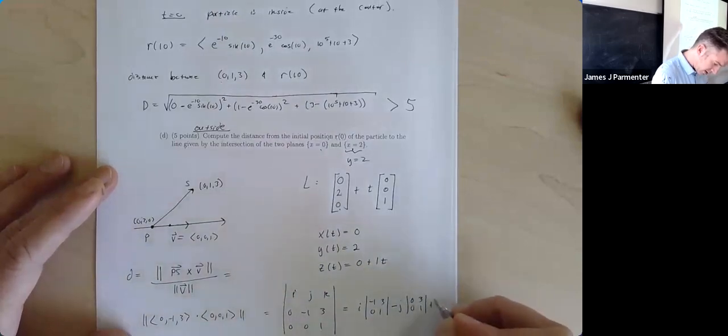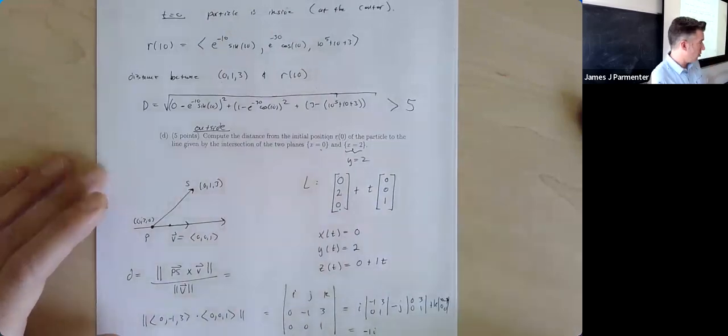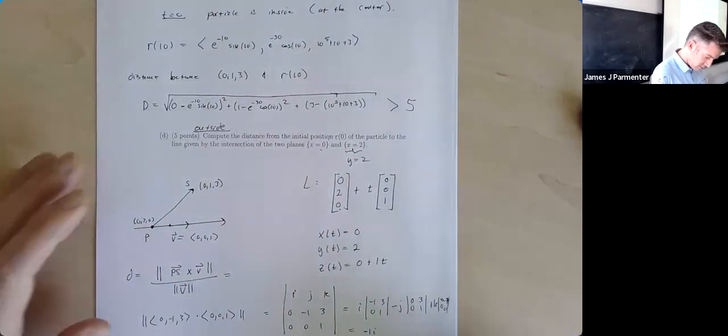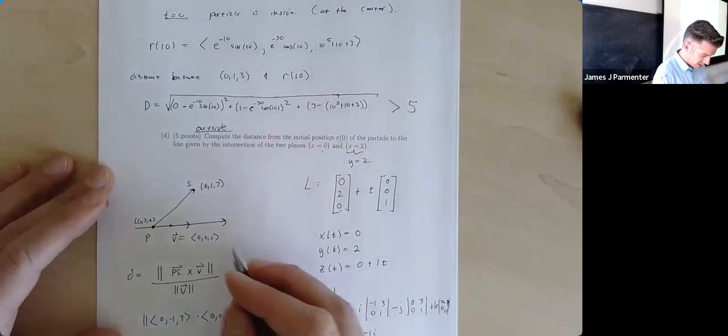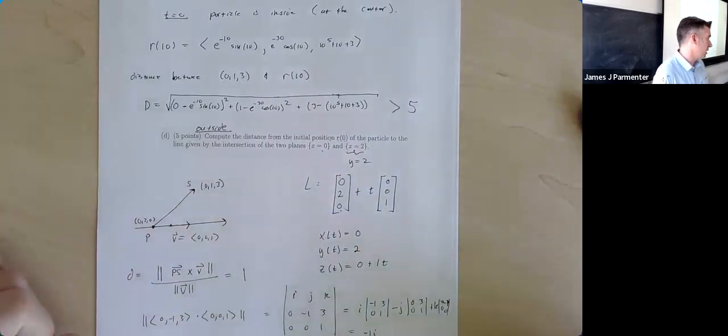And then plus k is also going to be a 0 there for us because we got 0, 0, 3, 1. I'm sorry, -1, 0, apologies. That just ends up being -1 times i. And the magnitude of that is 1. So it looks like here the distance between the point and the line is just 1. Seems a little surprising, but I guess it is what it is.